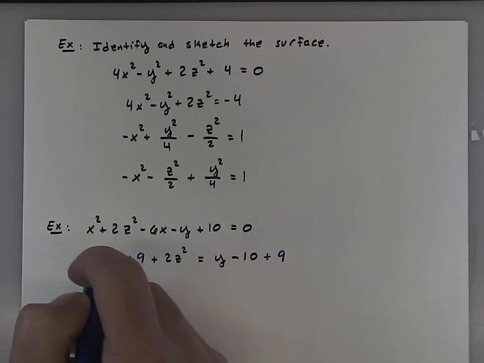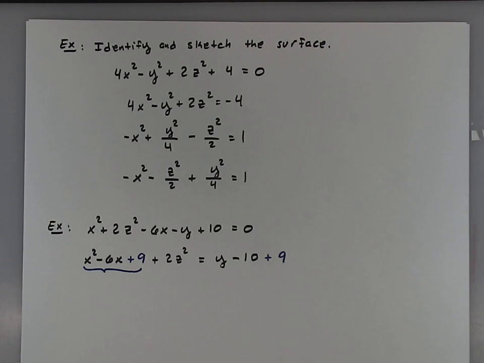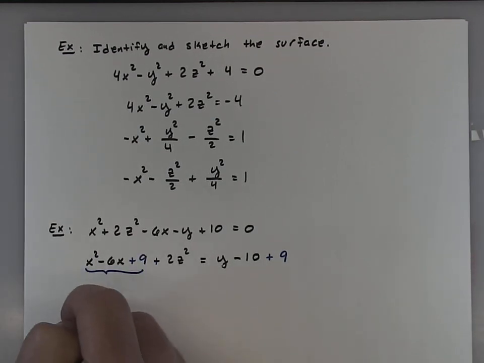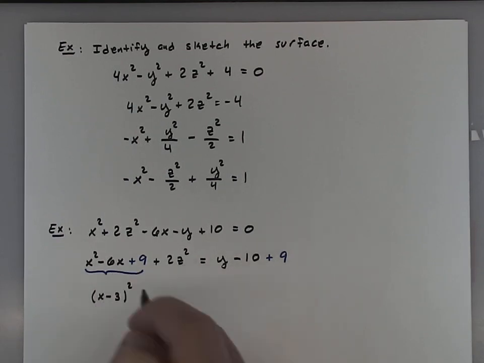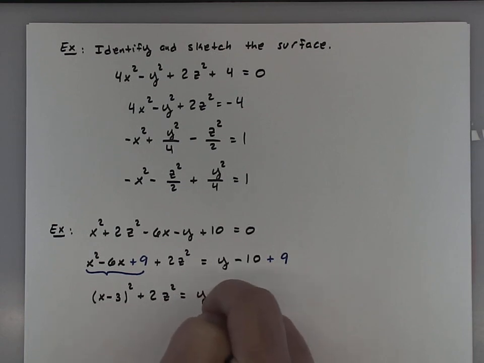And then I can factor x squared minus 6x plus 9. This will factor into x minus 3 quantity squared plus 2z squared is equal to y minus 1.